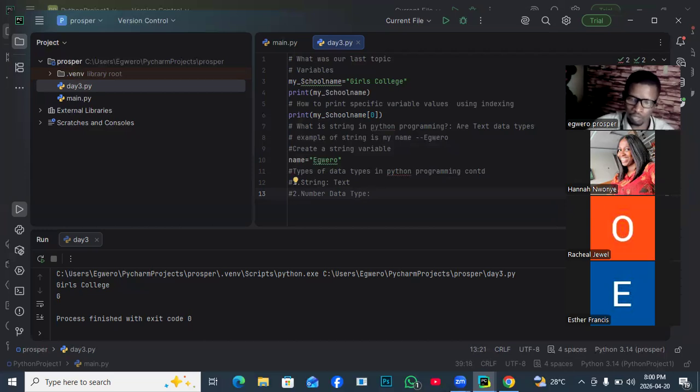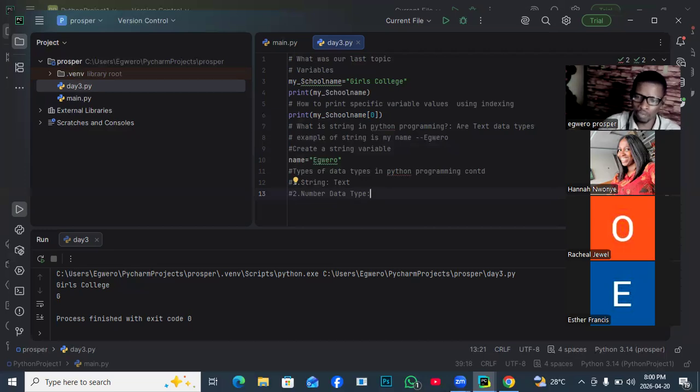Remember, I told us that in programming, we have two broad data types. Some are called basic data types, while others are called composite or advanced data types. And we are still dealing with the basic. I told us that the basic data types are the primary data types.